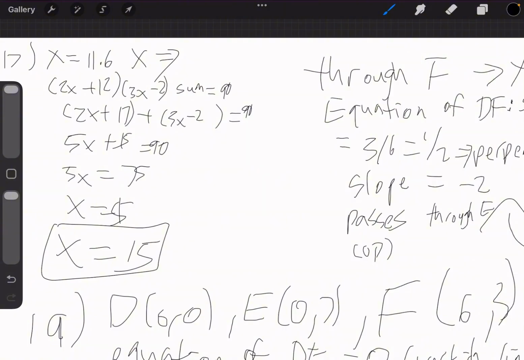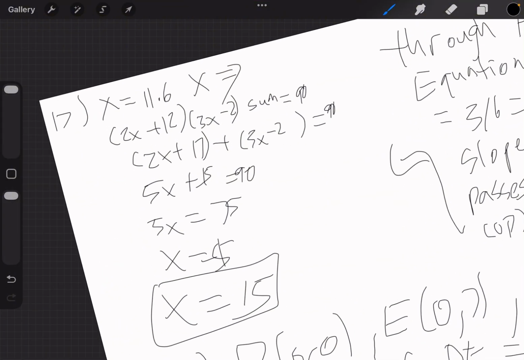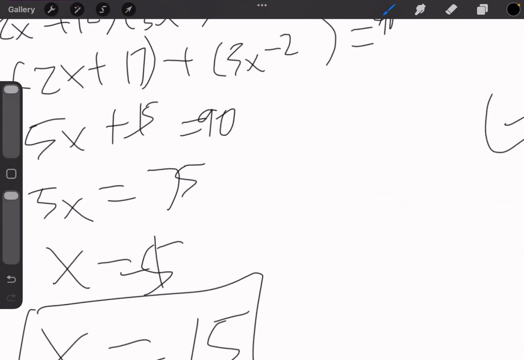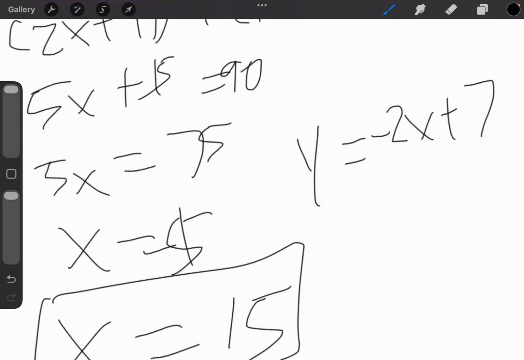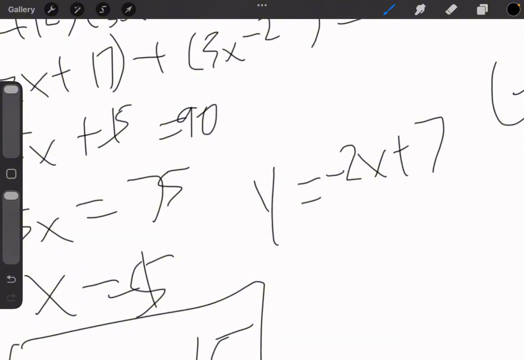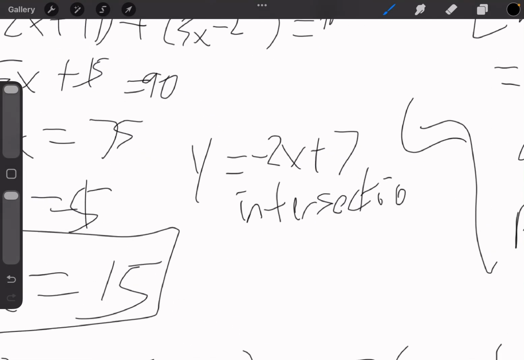Okay, and then y equals -2x plus 7, and it intersects with y equals 3.